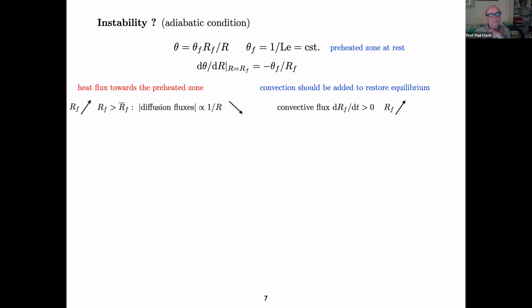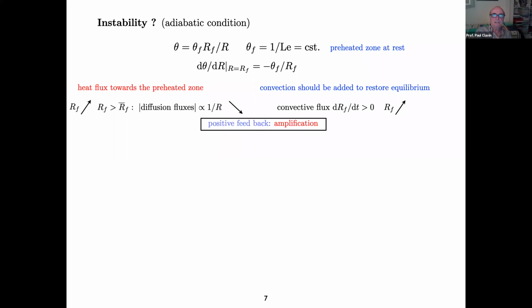Why? It is because when you look at how the heat flux varies when increasing the radius, and how the convection, in that case, when you increase the radius, in order to balance the diffusion flux is reduced, and you have to add a convective term in order to balance the reaction term.